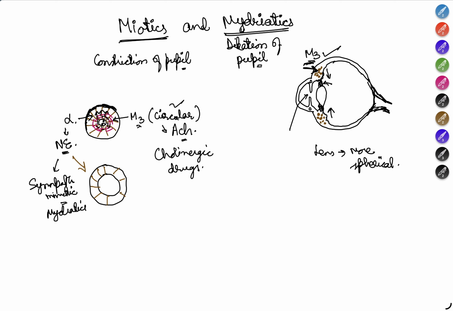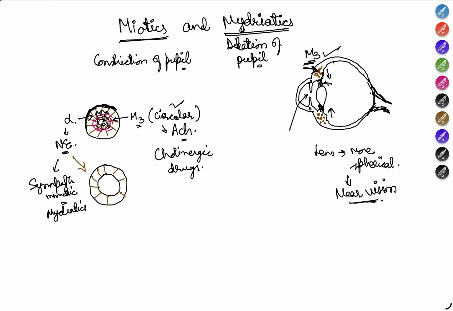And whenever the lens becomes more spherical, it can better focus on the near vision. Okay, so near vision can be seen, because for near vision, if you understand the lens diagrams, you know that it has to focus onto the retina, or the point of focus.